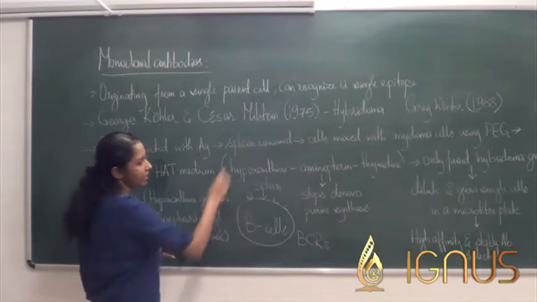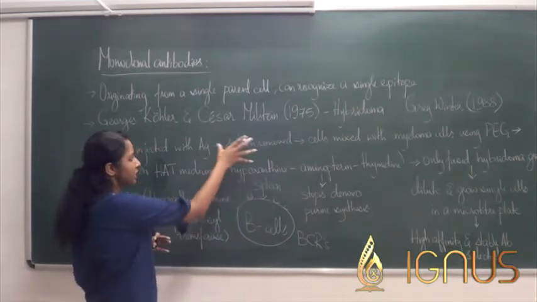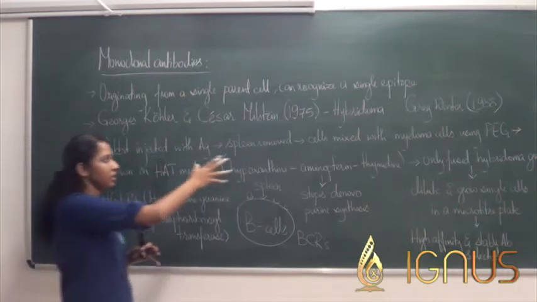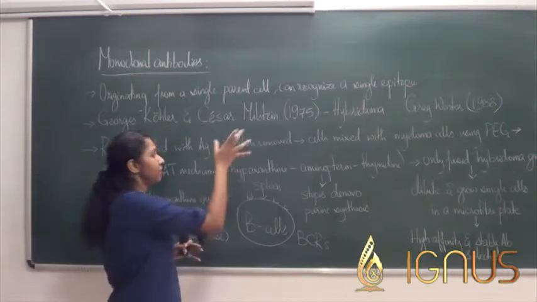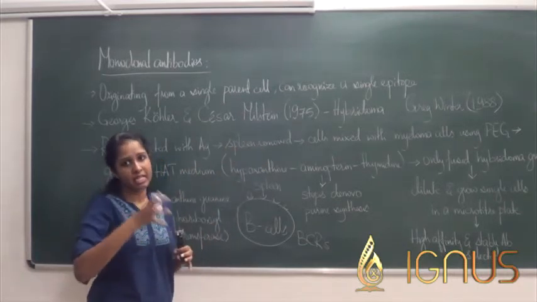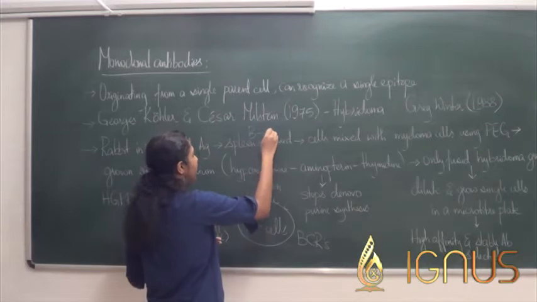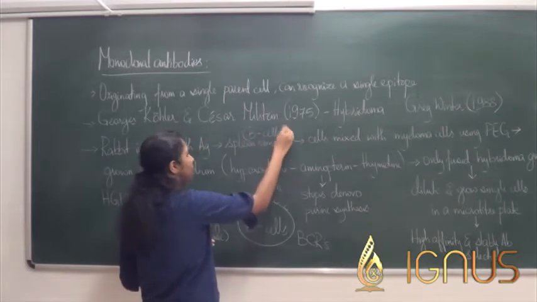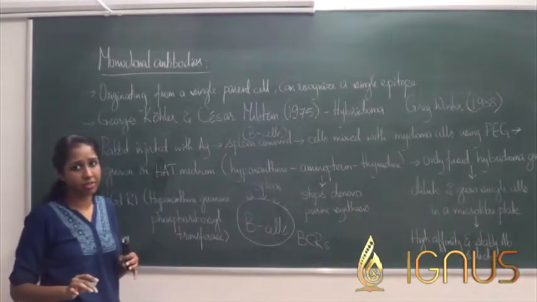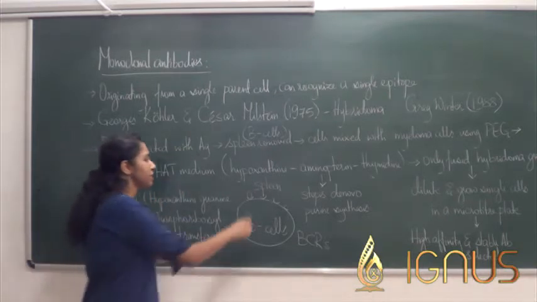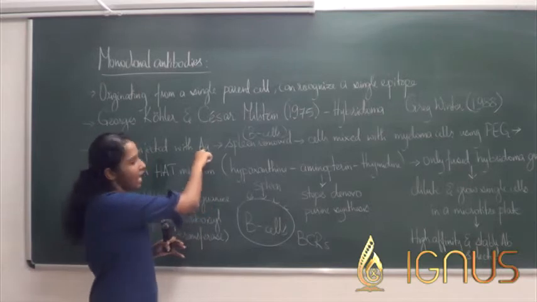This is occurring in the spleen. So the spleen from the infected animal is removed, and we take the cells out of the spleen. We are specifically targeting the B cells, because that is the only cell we need from the spleen, since the B cell has gotten activated by attaching itself to the antigen.